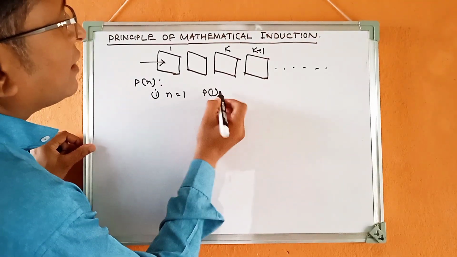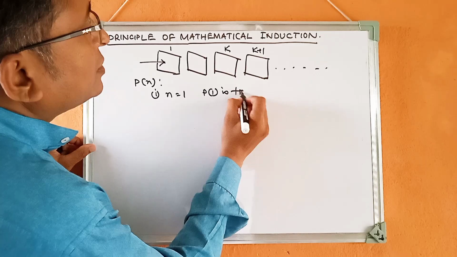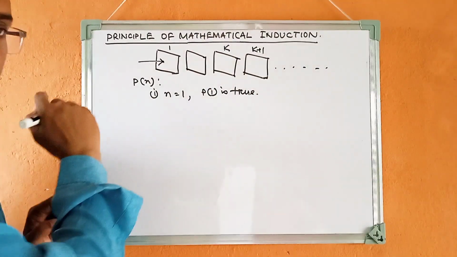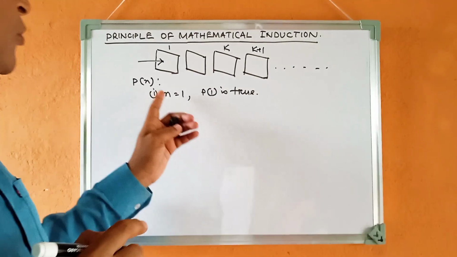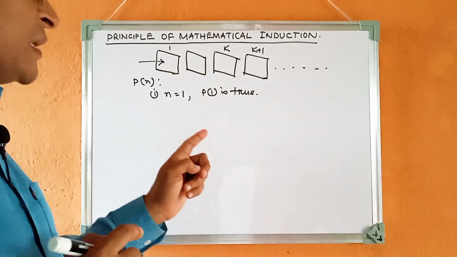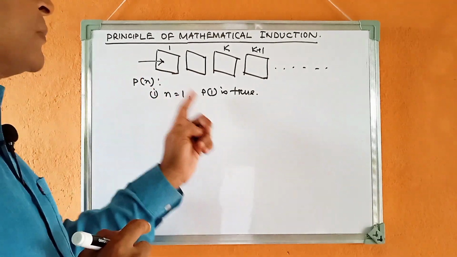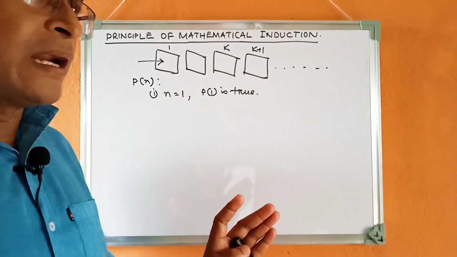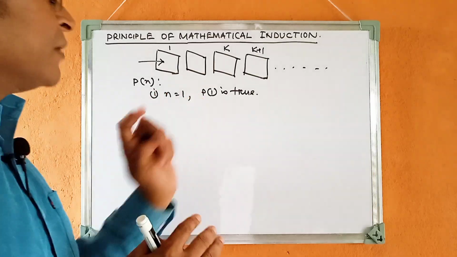So P1 is true. That means the first tile falls here in this drawing. So put n equal to 1 in this mathematical statement. If LHS equals RHS, then we say that P1 is true.